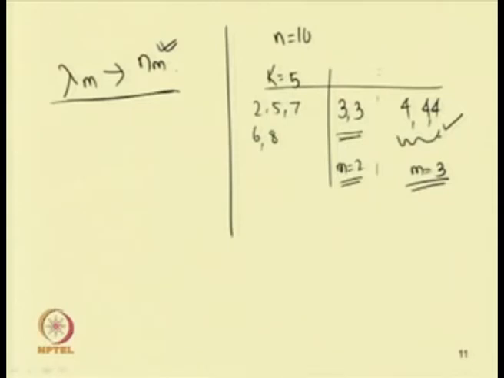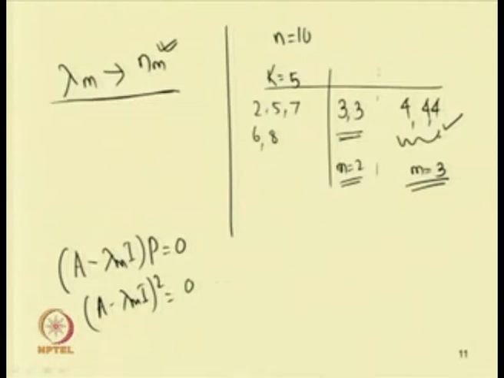These eigenvectors are the non-zero solutions of A minus lambda m I times p equal to 0, then A minus lambda m I squared times p equal to 0, and similarly it continues up to A minus lambda m I to the power n m times p equal to 0. So, by solving these equations we can get the corresponding vectors.